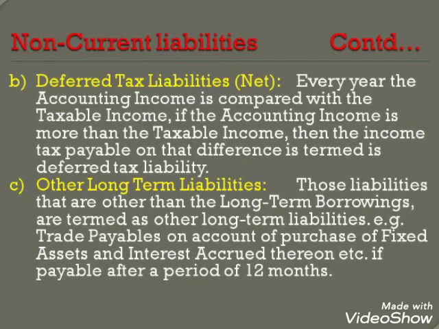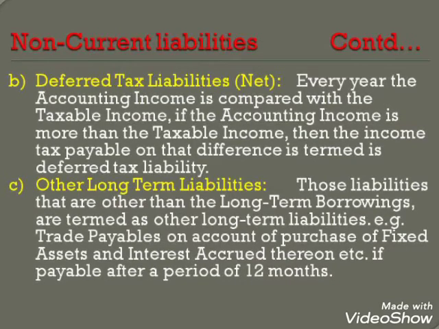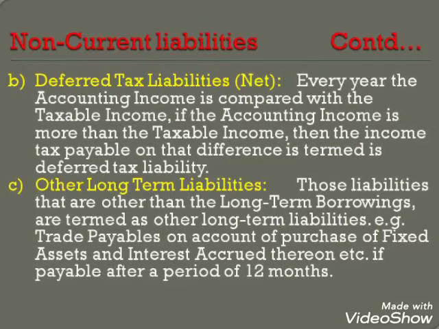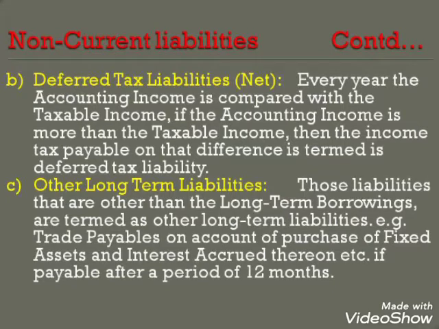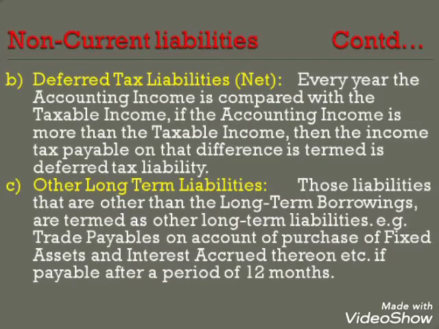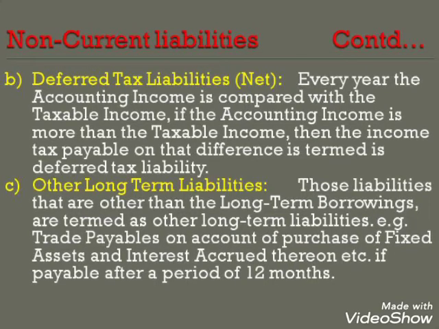Third subhead is other long-term liabilities. Those liabilities that are other than the long-term borrowings are termed as other long-term liabilities. For example, trade payables on account of purchase of fixed assets and interest accrued thereon, etc., if payable after a period of 12 months.